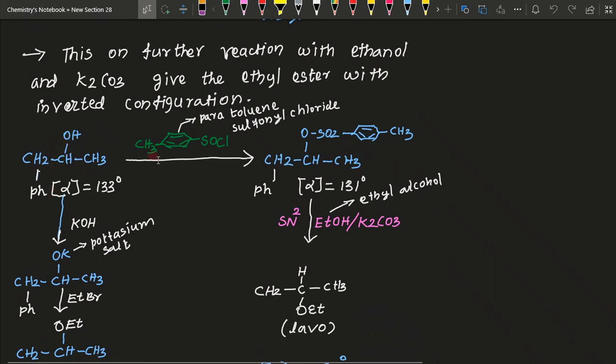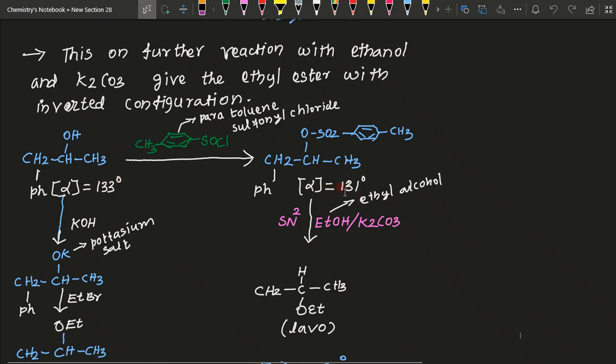This is treated with para-toluene sulfonyl chloride. It gives ethyl alcohol, EtOH. This alpha means specific rotation. This specific rotation is 133 degrees.